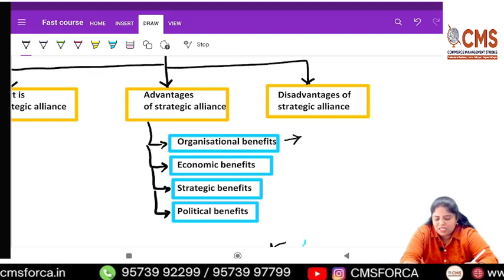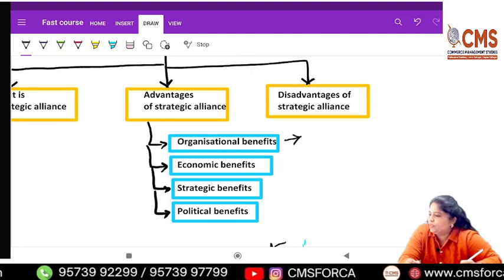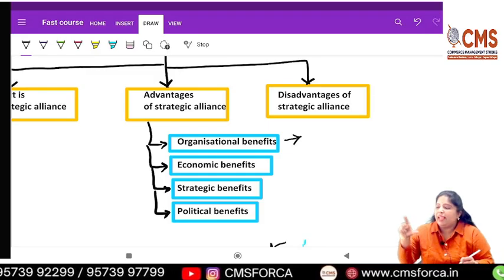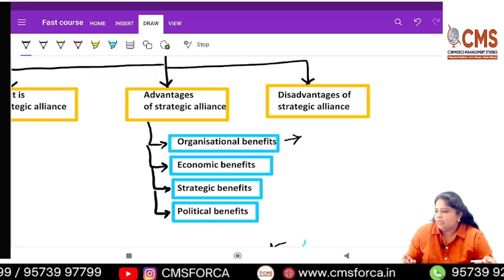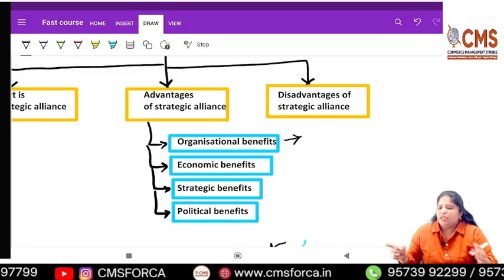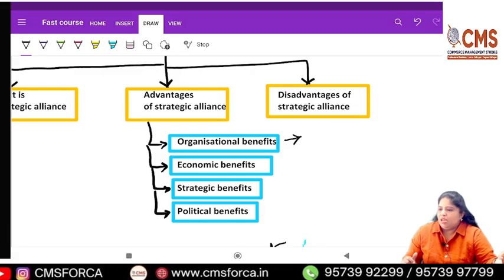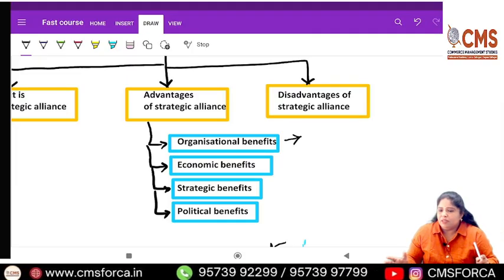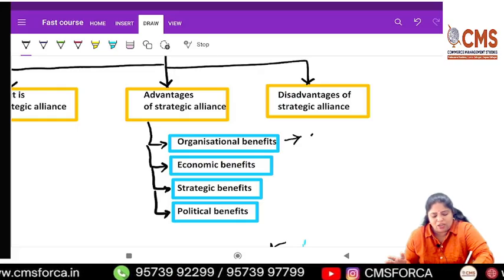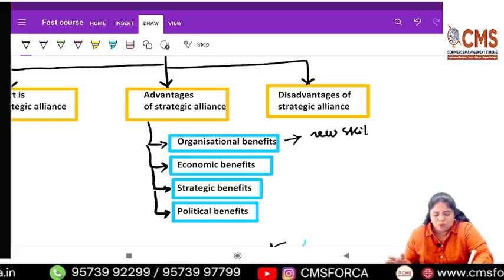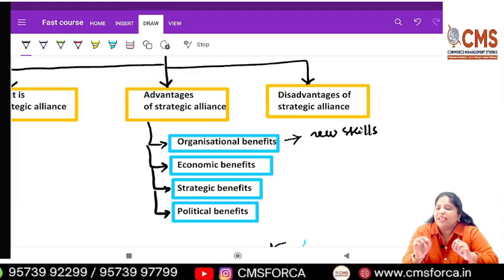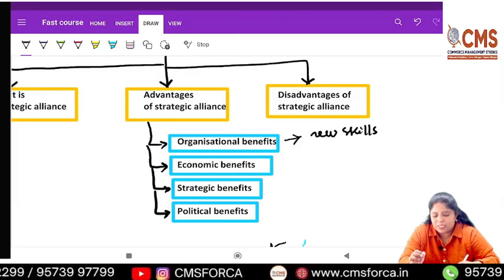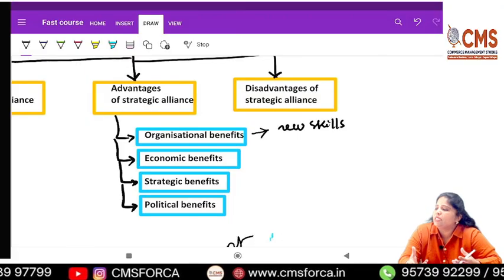We have seen some organizational benefits. Suppose when A allies with B, the skills of A can be learnt by B and the skills of B can be learnt by A, right? So organizations can always learn new skills, and they can strengthen their supply chain.